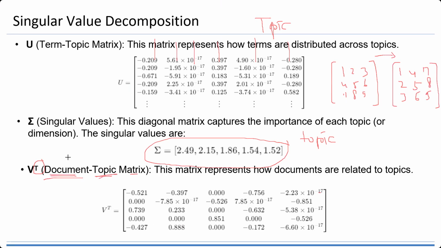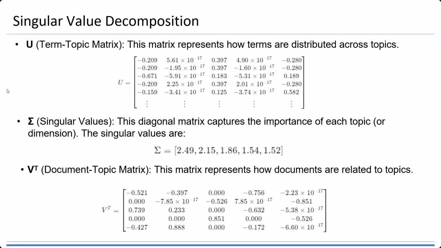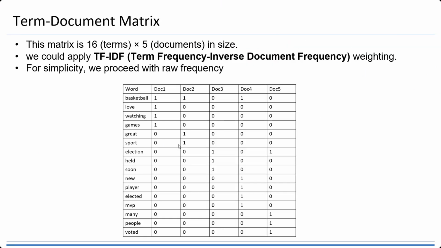So the document topic matrix is at first 5 by 5, and when we transpose, it becomes again 5 by 5, but the topic becomes the row and the document becomes the column. Then we can do the multiplication. This multiplied by this, multiplied by this should be the same as the original matrix that you have in the term document matrix.